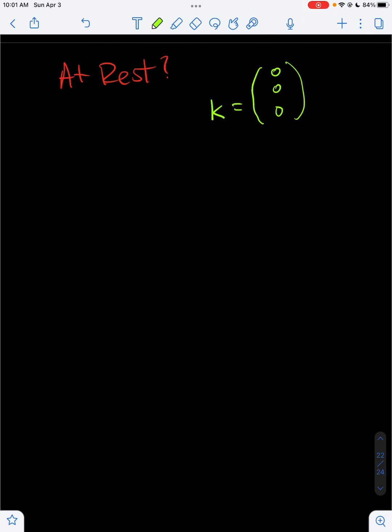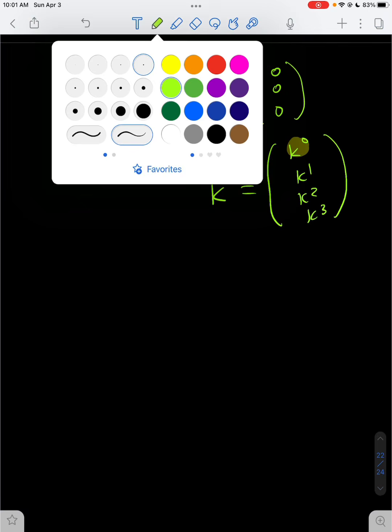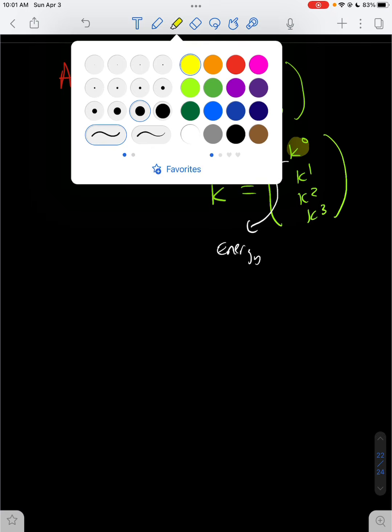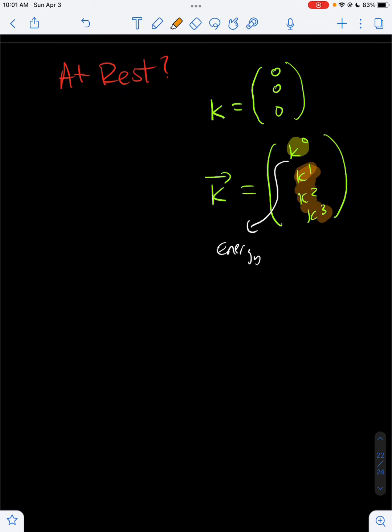So first of all, let's do some brief review. So k with a vector, that's just the 4-momentum vector that has components of k0, k1, k2, and k3. So this first component is just going to be the energy, or it's related to the energy. I already said this, but I just wanted to say this again. And these bottom 3 components, these are like the actual momentum of the particle.